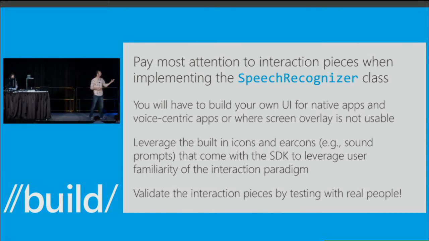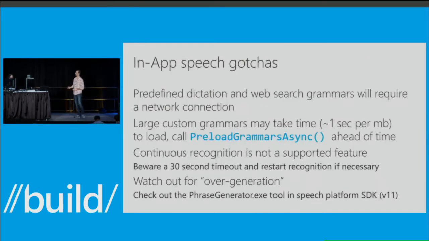Also, this is where you're going to want to spend the most time validating those pieces. Meg talked about using the paradigm to evaluate different designs. So if you do use the speech recognizer class, don't dismiss having people try it out and really see if they can accomplish that task.